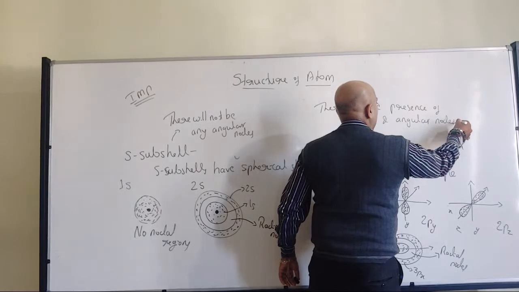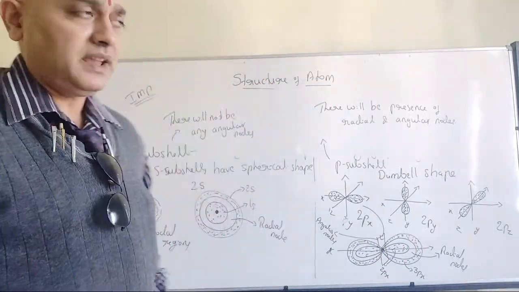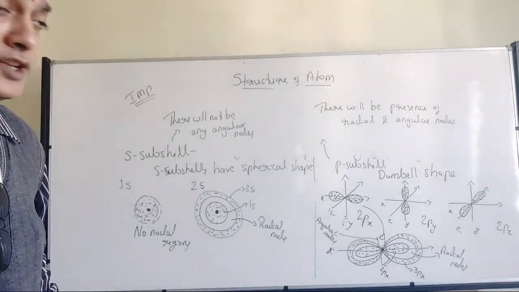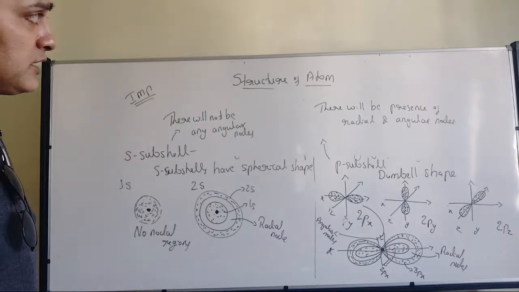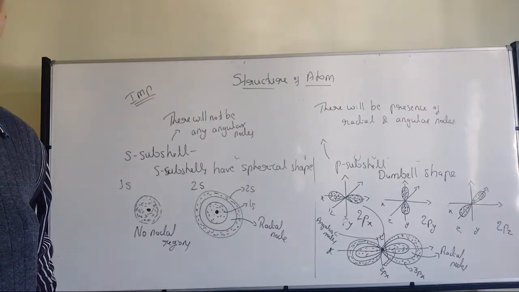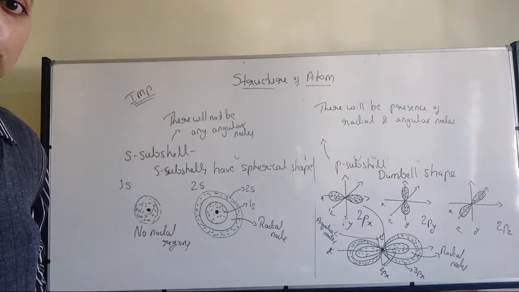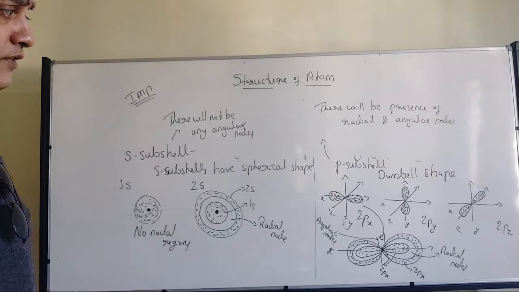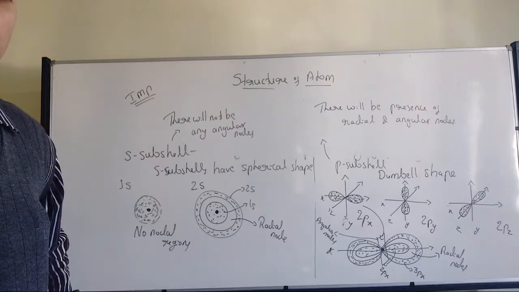In that case, can you tell me what is the speciality of the 2p subshell with respect to nodes? Any one of you? Here 1s does not have any nodal region at all.